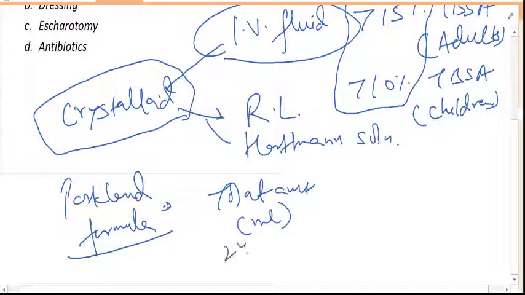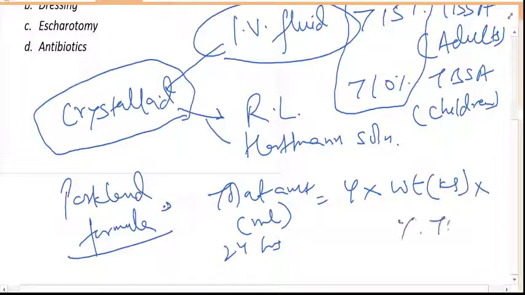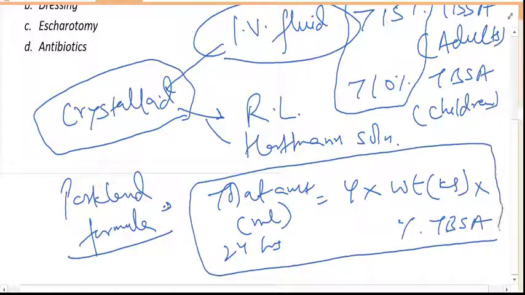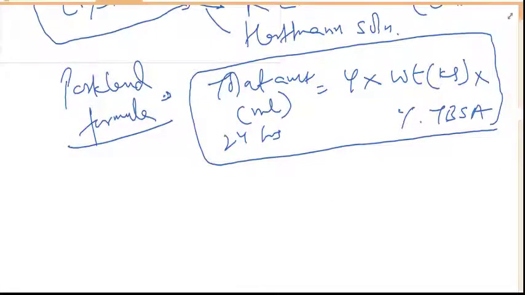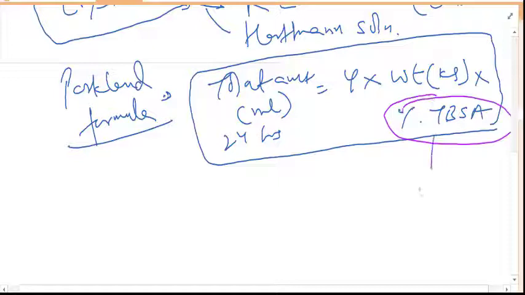So the total amount in milliliters for the first 24 hours is equal to 4 into the weight of the patient in kilograms into the percentage of total body surface area burned. This is the Parkland formula. One important thing is that for the percentage of total body surface area burned, the maximum you will take is 50.